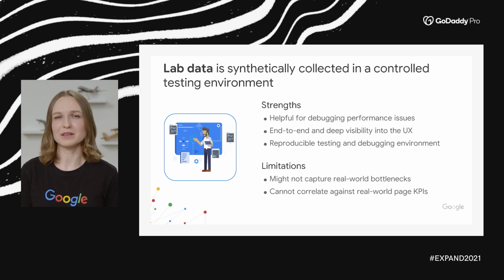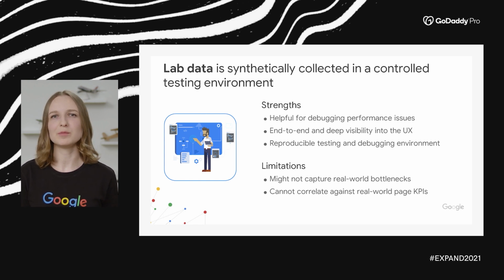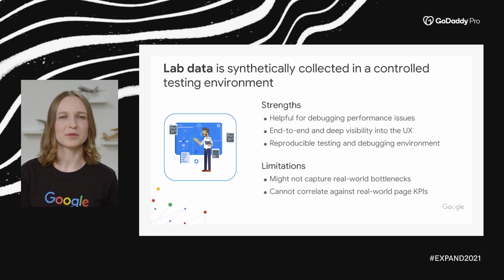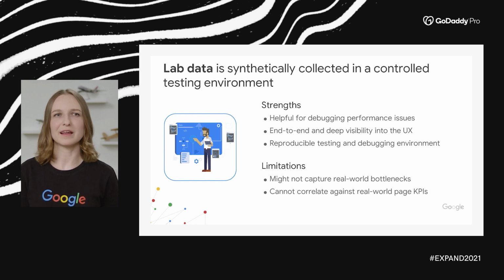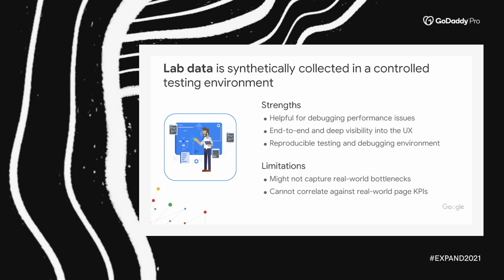And the second is that you can reproduce them immediately. So you can test a lot of different conditions in the lab, see how your website is going to be performing for different users, for different browser types, connections, devices, etc. You will be using lab data to track down bugs and identify, isolate, and fix major performance issues.